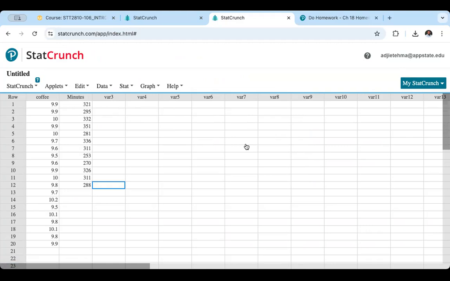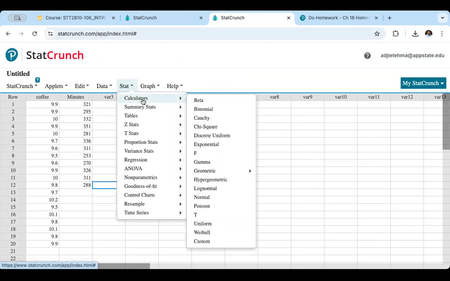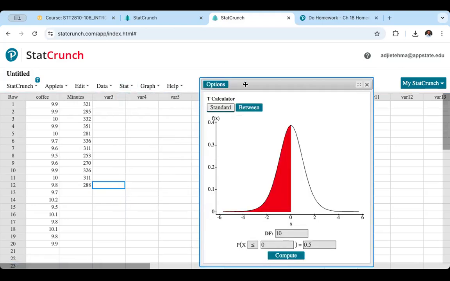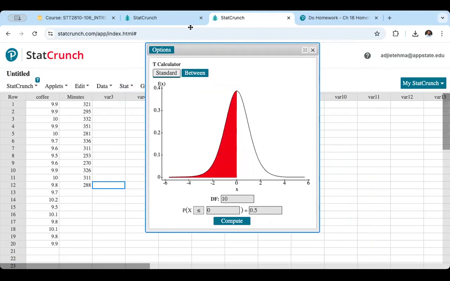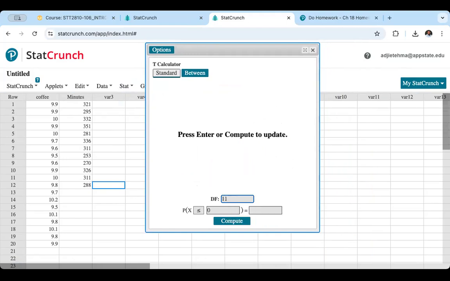So to be able to read the p-value, we go to Stats, Calculators, and we scroll down to t, not normal. You click on that, and then you have this thing right here. The first thing you want to do is to put in your degree of freedom. Our degree of freedom here is 11. So I changed this to 11.